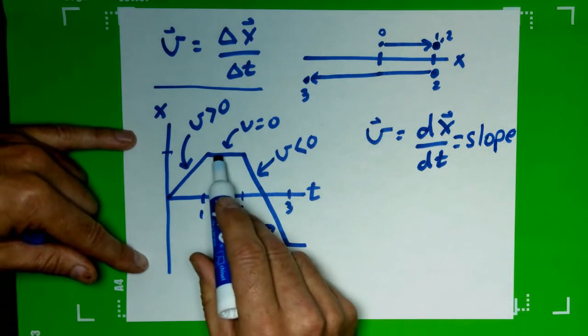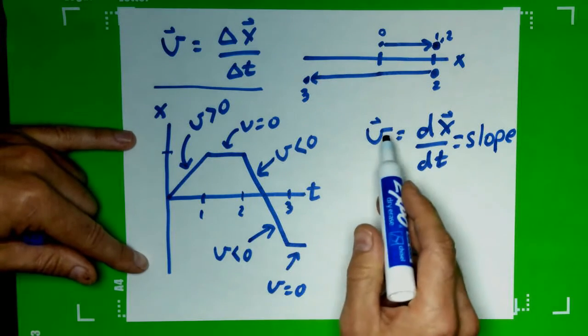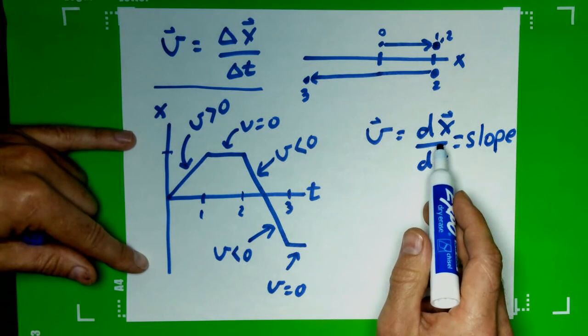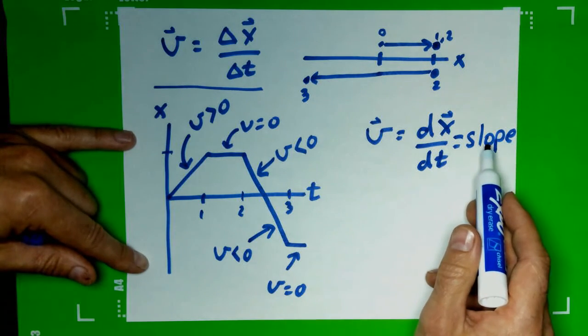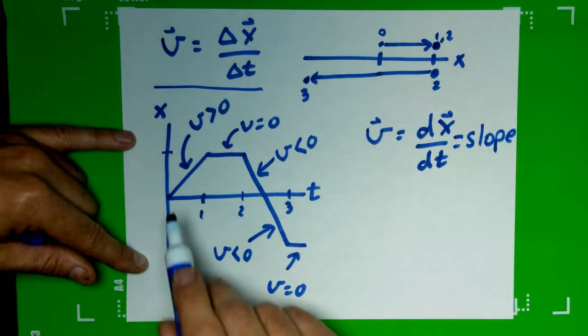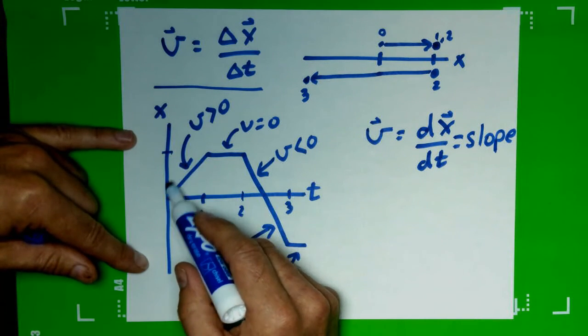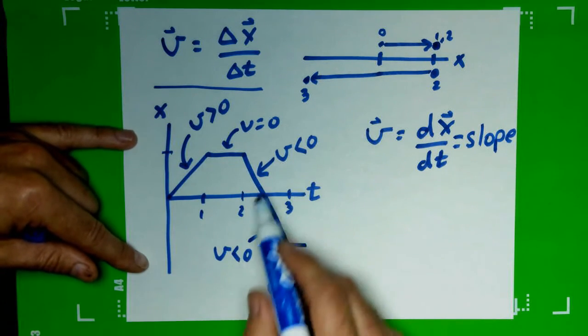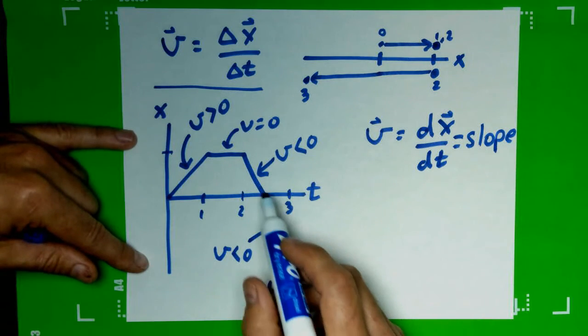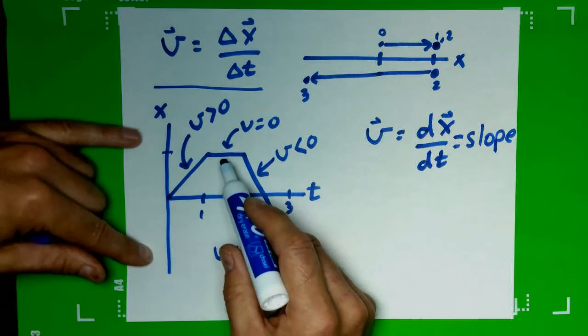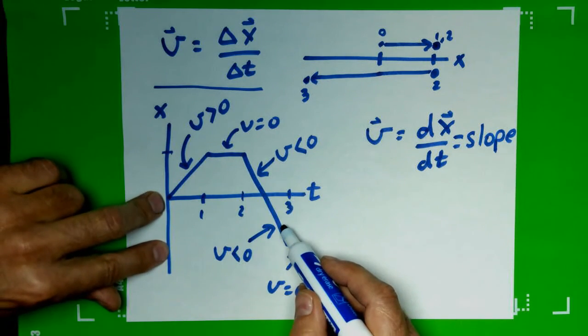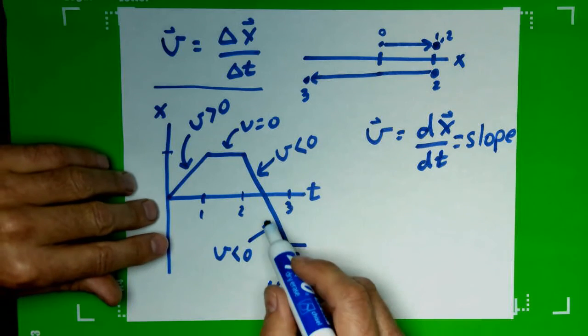The slope of this line is 0. Our velocity is equal to the derivative of position in time, the slope, which is 0. If our slope is positive, we get a positive velocity. If our slope is negative, we get a negative velocity. And it doesn't matter if it's negative in the positive region or negative in the negative region. It's just the slope.